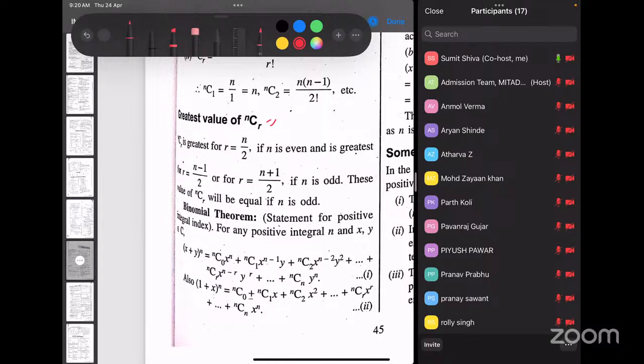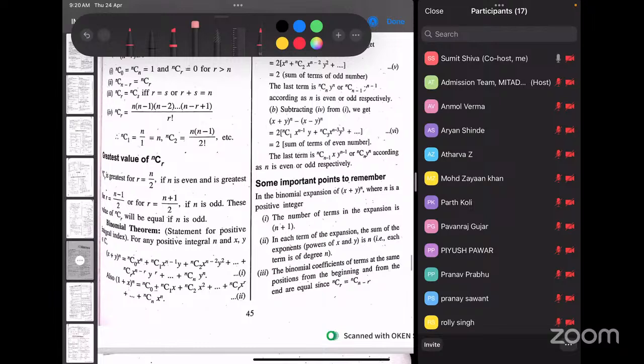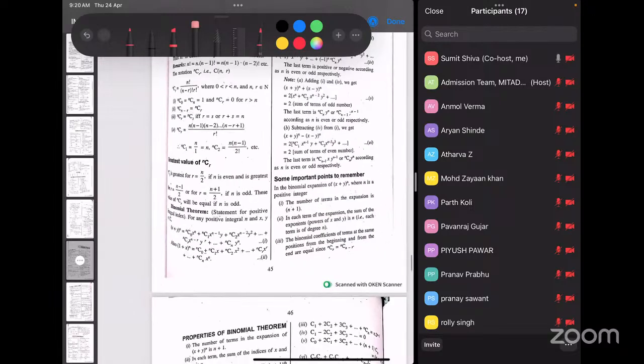So if you are looking for the greatest value of nCr, look at n. If n is even, take r as n by 2, and if n is odd, take r as (n plus 1) by 2 or (n minus 1) by 2. Understood?